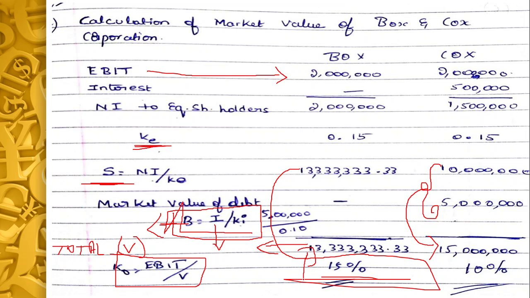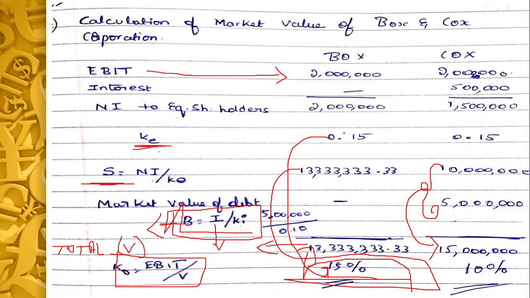Now, here you can cross check the answer or the formula. Since it is only equity, there is no debt, the cost of equity should itself become the overall cost of capital.